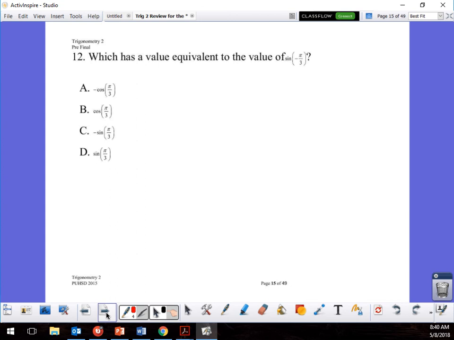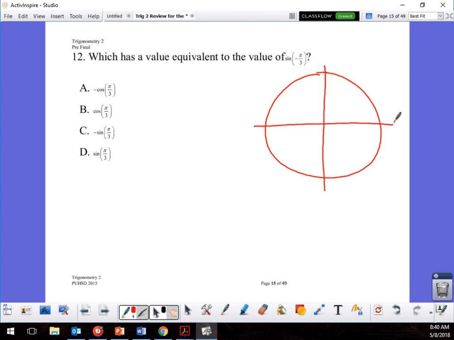I'm going to try and do this one without. If I have my unit circle here, negative pi over 3 is there. So that would be 1/2 and negative rad 3 over 2. And at positive pi over 3, that's going to be 1/2 and rad 3 over 2.